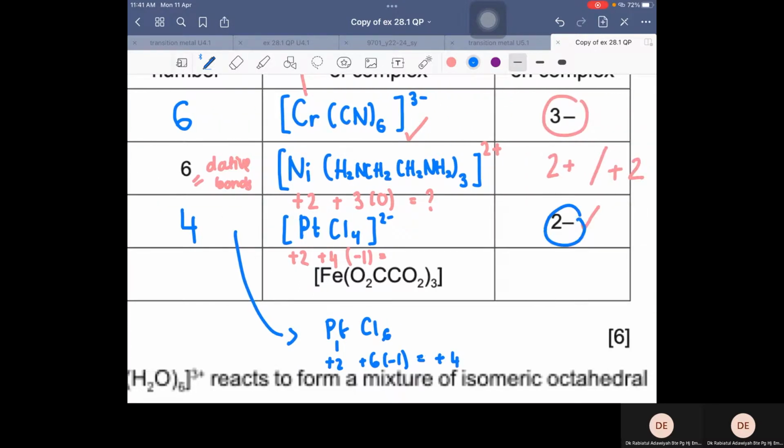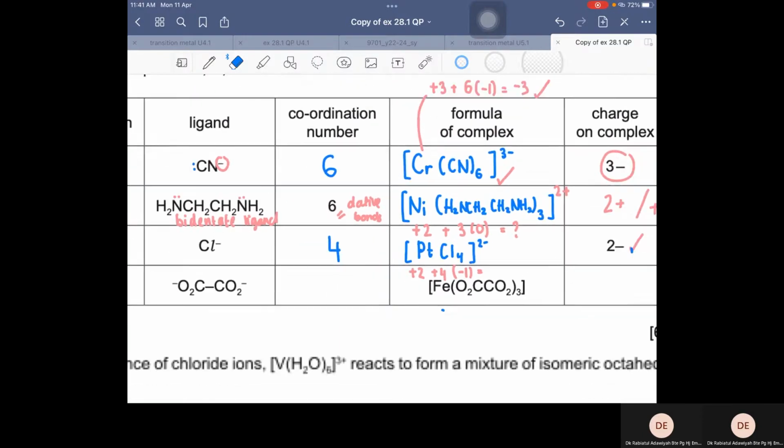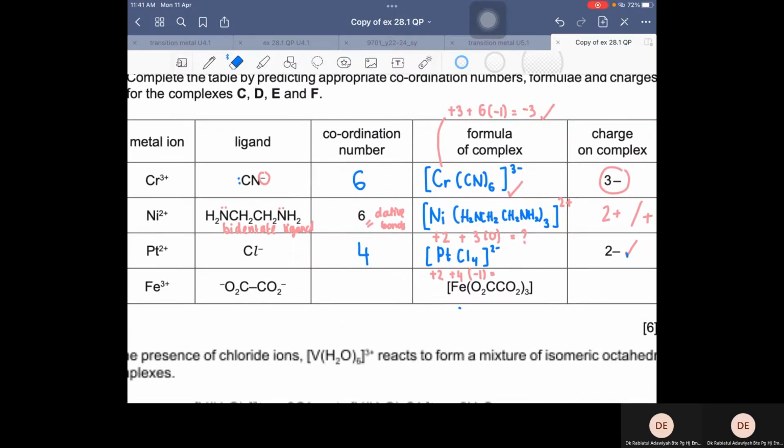And that doesn't match. Sorry, I cannot do math. Plus 2 minus 6 is minus 4. So there's a mismatch. That means this formula is wrong. The coordination number 6 is also wrong. So it's good that you can check if your formula and coordination number are correct or not. The coordination number of platinum with chloride ligands is 4.